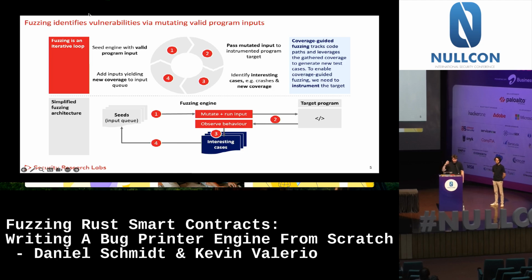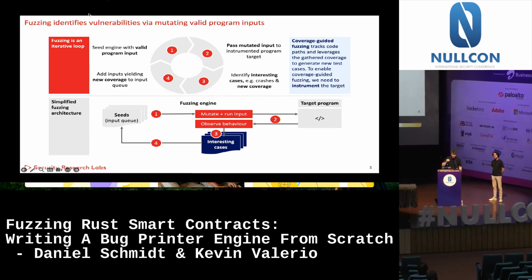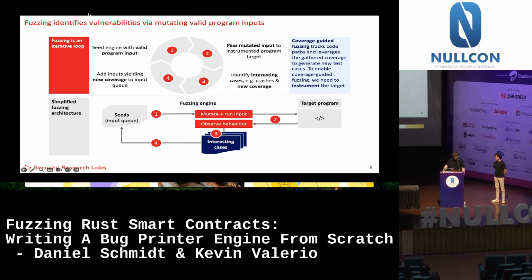For example, mutate this input even further to reach further into the target. That's beneficial because maybe there's some code there that triggers some interesting functionality which could cause a bug.